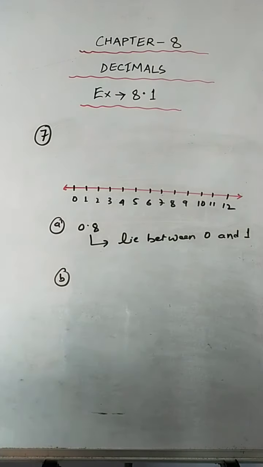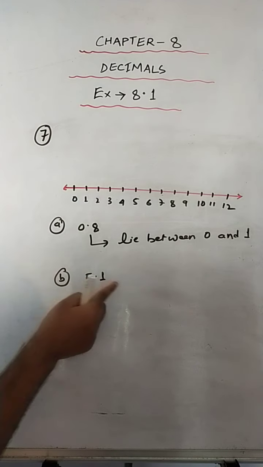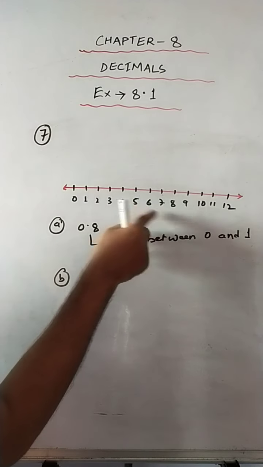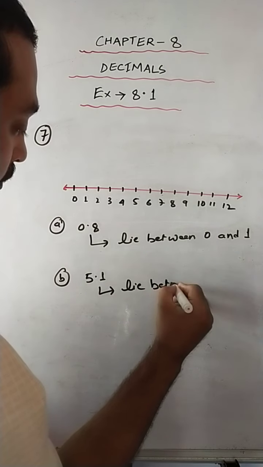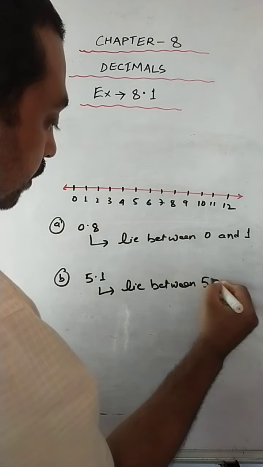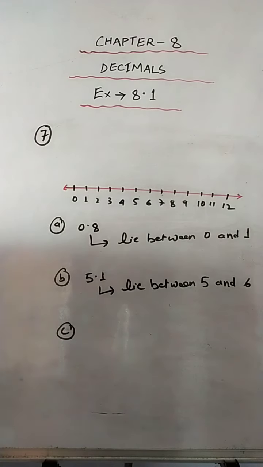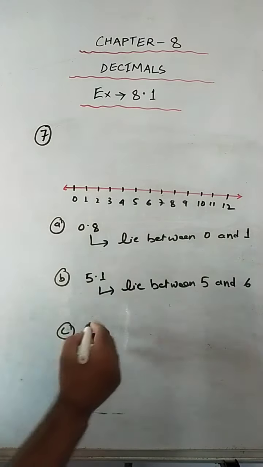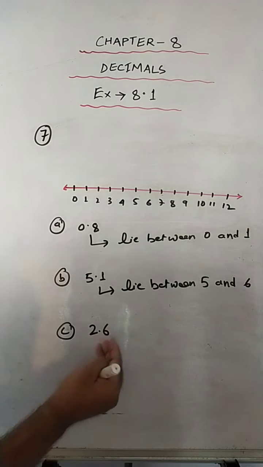Now what is sum number B? B is 5.1. So 5.1 means more than 5 but less than 6. So it will lie between 5 and 6. Fine. What is number C? Number C is 2.6. It's very easy, students. Now 2.6 means what? More than 2 but less than 3.